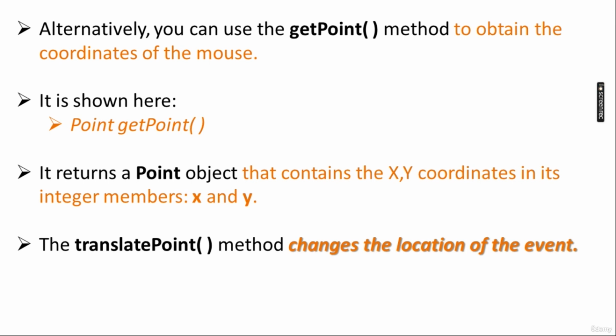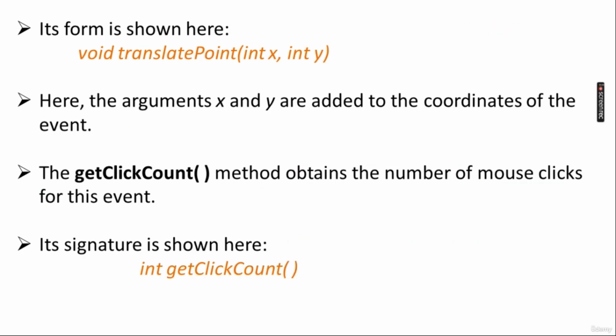If you have clicked on a button at a particular x and y coordinate like 10, 10, when you use translatePoint, you can reposition that x and y coordinate at a new place. You can place them at 100, 100, with void translatePoint x and y.